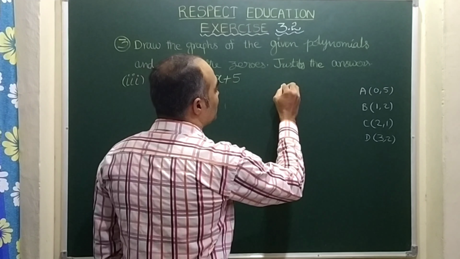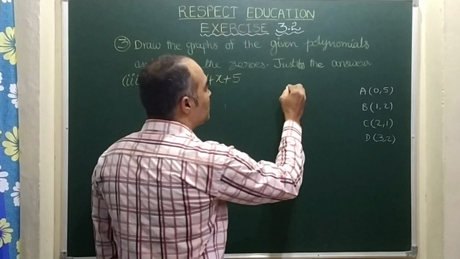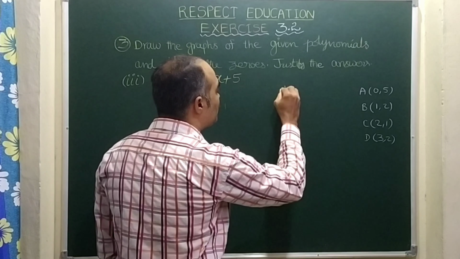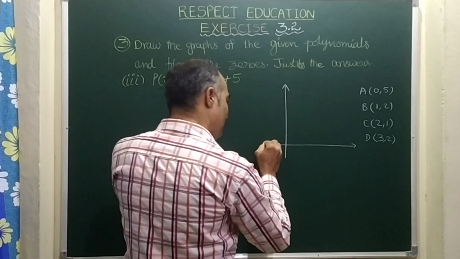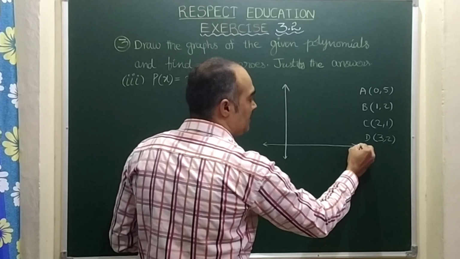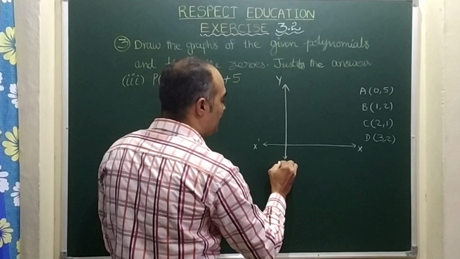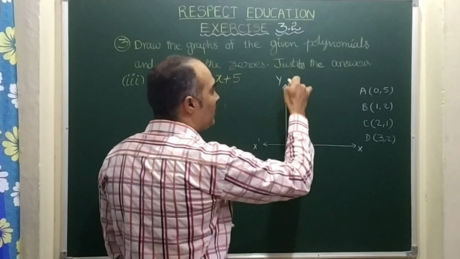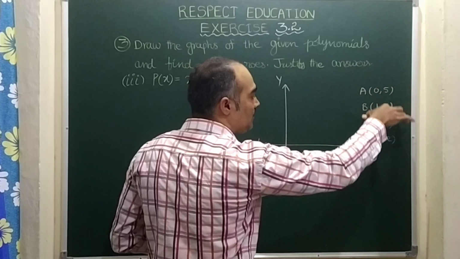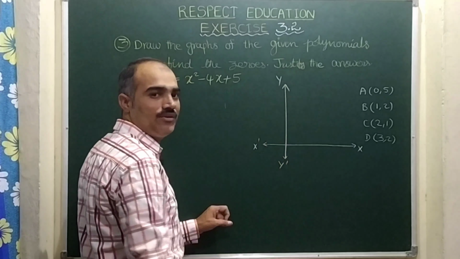Right? So here as all the points are positive, better we can take the positive quadrant to get more place. Here this is x, this is x dash, this is y, this is y dash. In this portion x is positive, y is positive. Because all the points are positive, I give more space for the graph here.